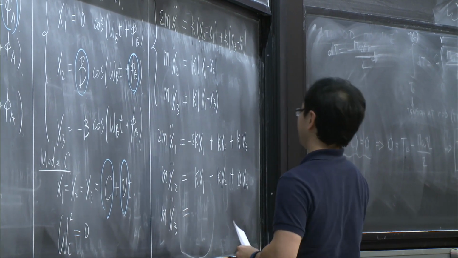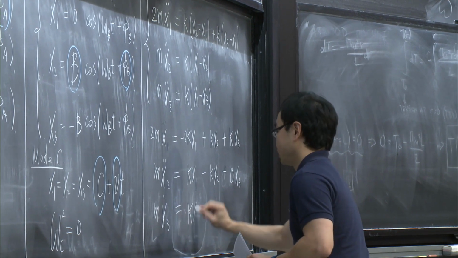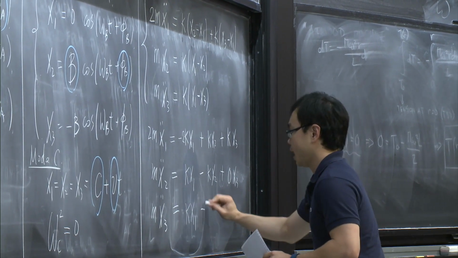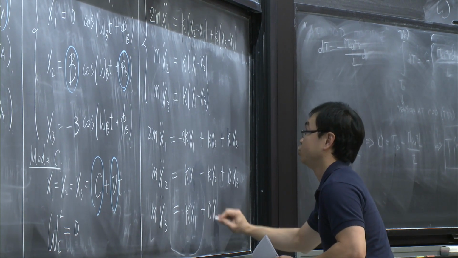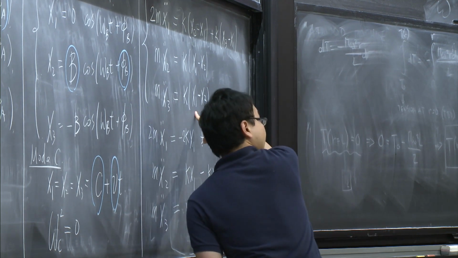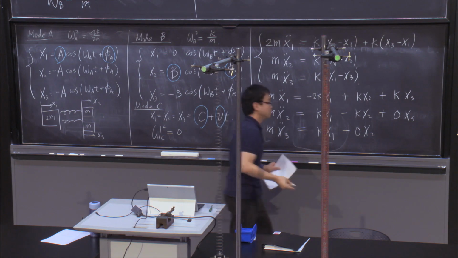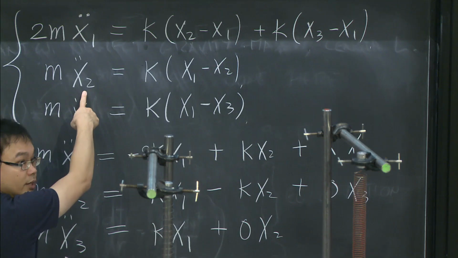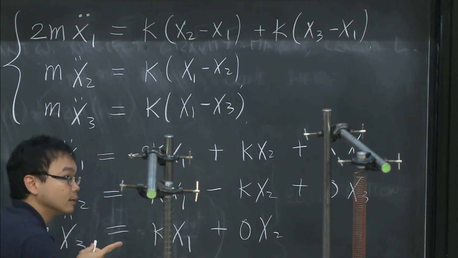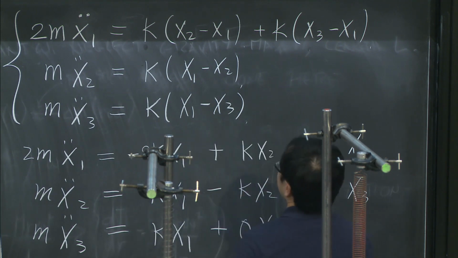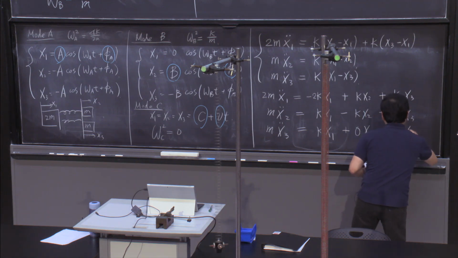This is equal to k x1 plus 0 x2. There's no dependence on x2, because x3 and x2 are not talking to each other directly. Finally, I have the third term, which is minus k x3.